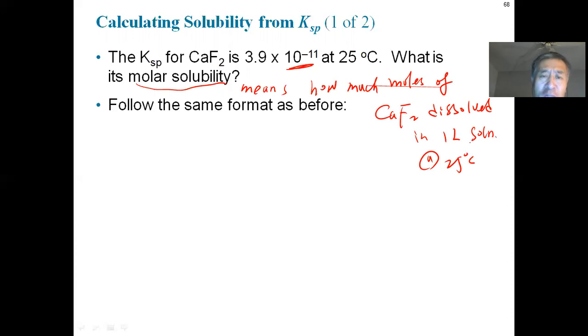That's what I mean by the molar solubility of a compound. It just asks you to calculate the molar concentration of this compound dissolved.